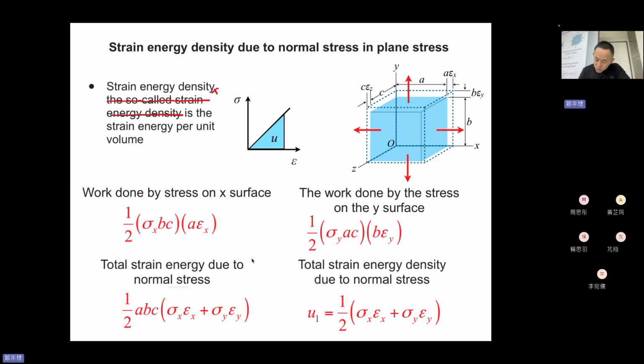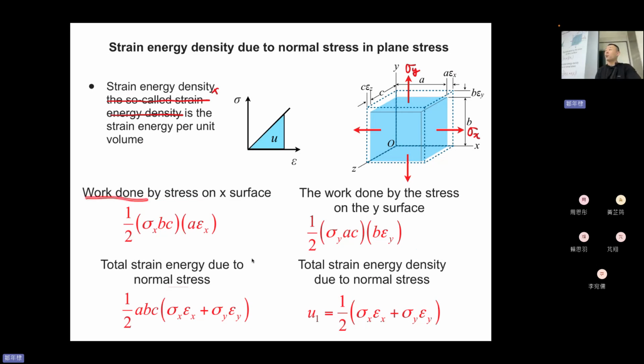So you can imagine that this element is subjected to sigma x and sigma y, and their change of length is a epsilon x, b epsilon y, c epsilon z. And then we can know the work done by stress on the x surface.